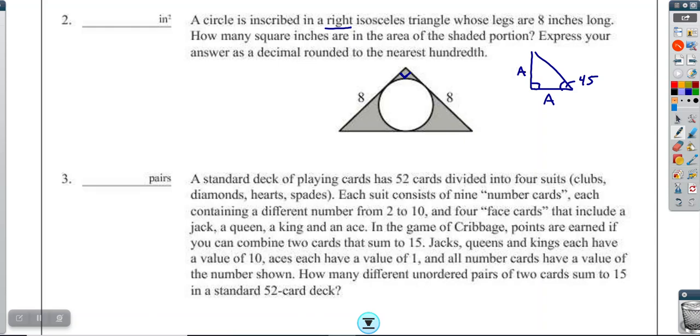An isosceles triangle has legs that are the same length, but that also means the hypotenuse is that leg length times the square root of 2. So we need to come into this problem knowing that up front.